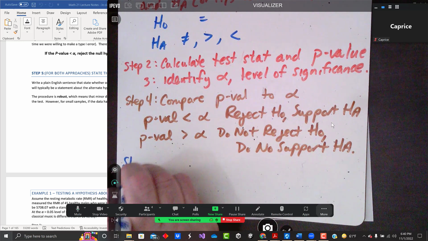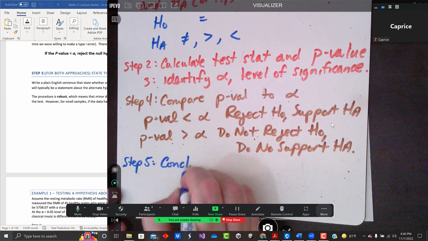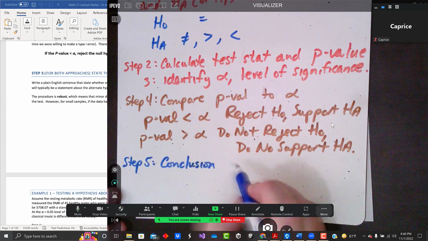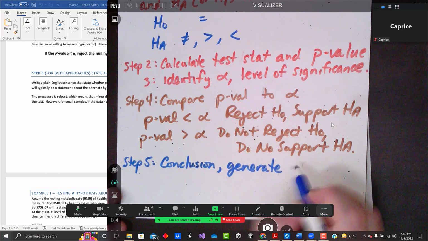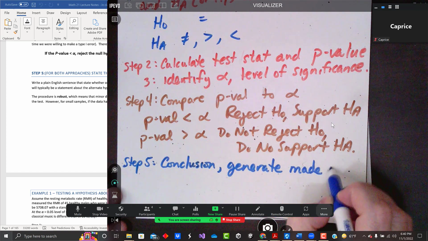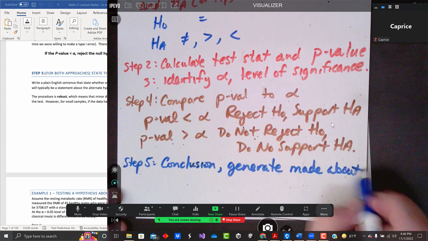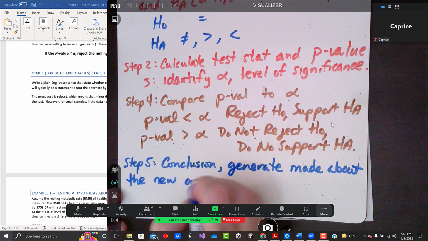And finally, step 5 is a conclusion generally made about the alternate hypothesis. The new or alternate hypothesis.